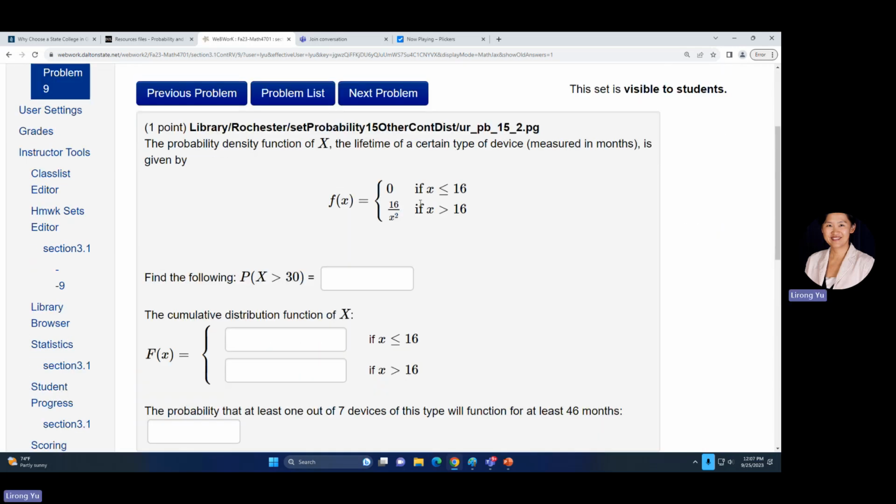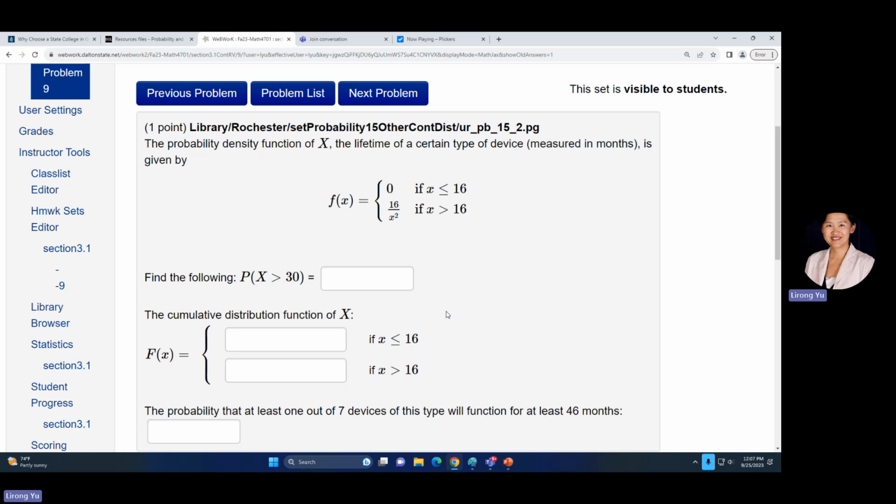And this question has no unknown number. If you want to find the probability x is bigger than 30, you have to integrate from 30 to infinity.